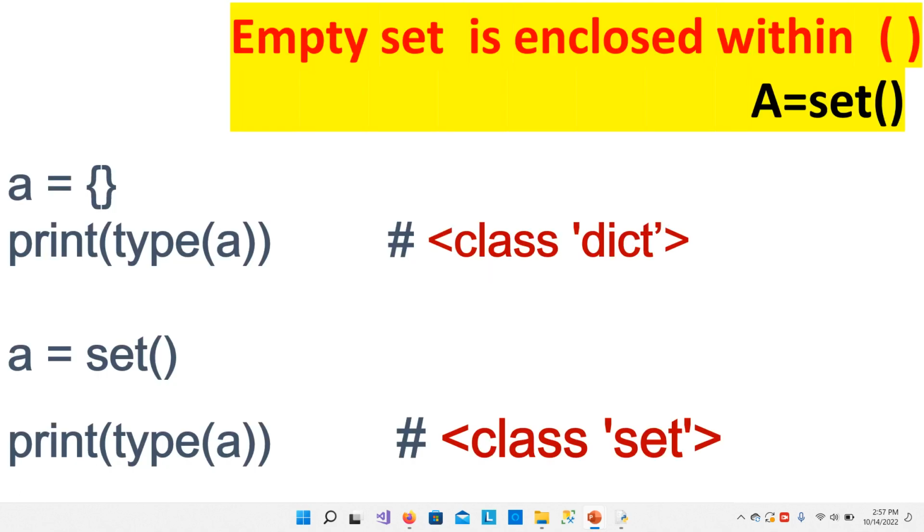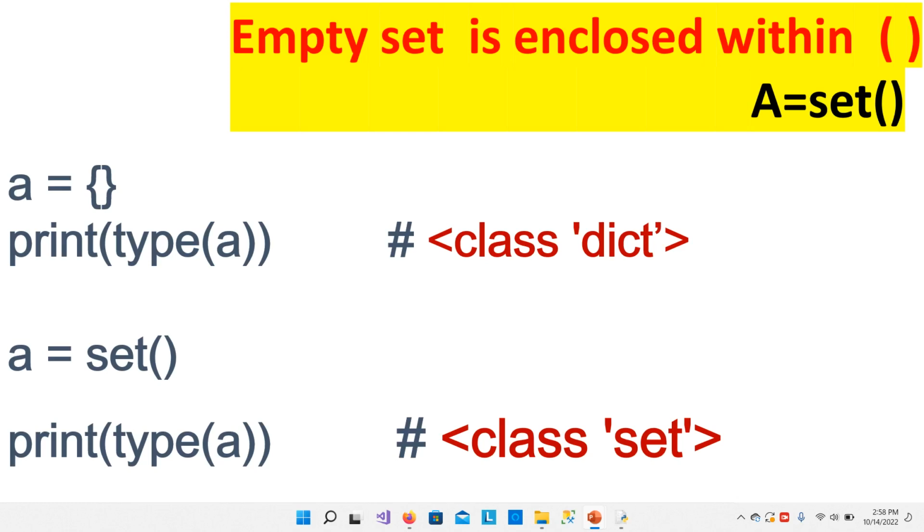And now we will learn how to create an empty set. We will always create an empty set using the set function. We cannot and we will not create an empty set using curly brackets.